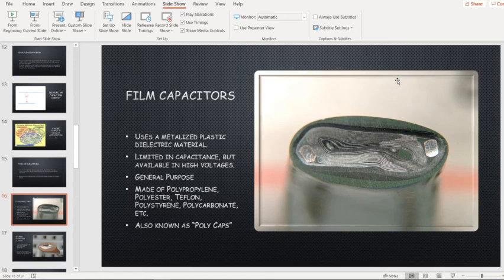You'll see them a lot in high voltage applications, like, I don't know, boost converters or something like that, that bring your voltage up to a couple hundred volts or higher. That's basically the idea behind it, and they replaced paper capacitors with the film. So they're essentially the same construction.